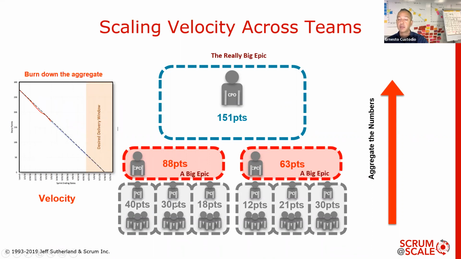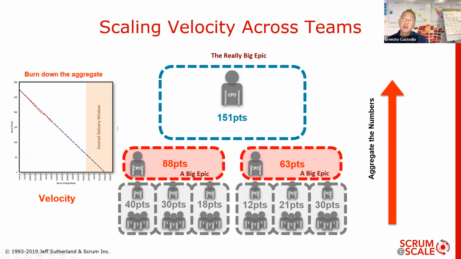So if you take the velocity of what a team is able to deliver in points, and you take the sum of what those teams are able to deliver, you will arrive at an aggregate chief PO level velocity that can be telling of yesterday's weather.